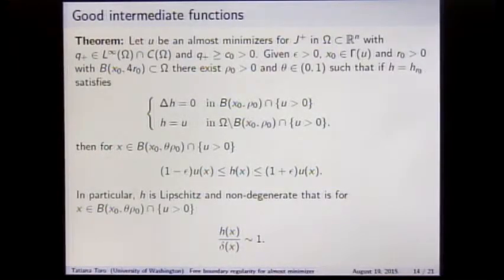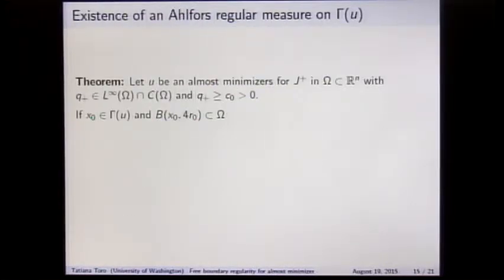All of you know that that's the case on a smooth domain, but morally speaking it is the same. So that's what allows us to construct our measure. Let me explain how.